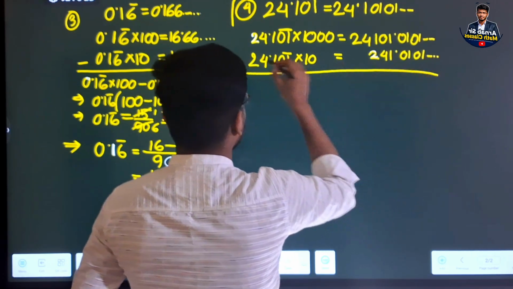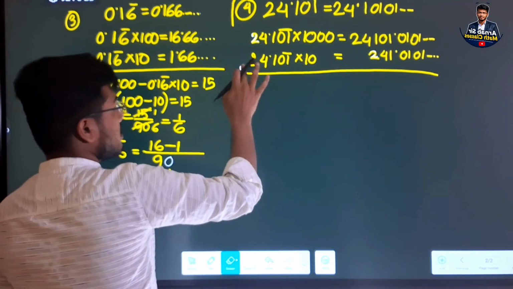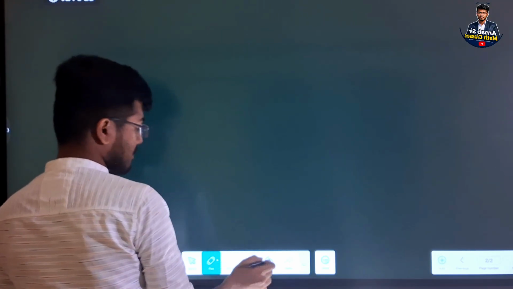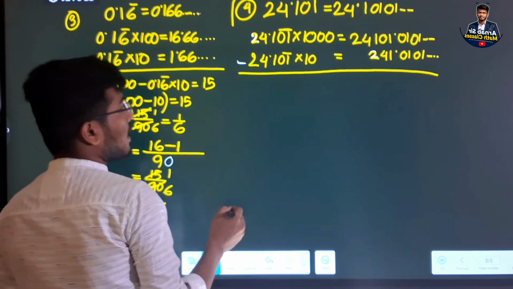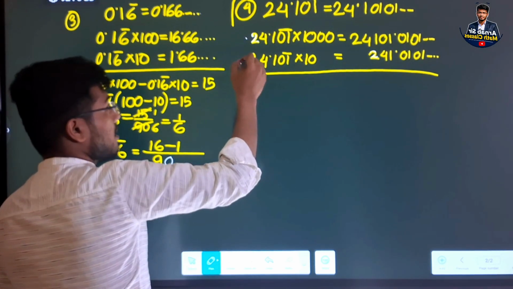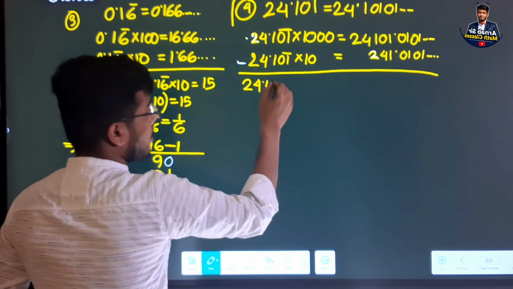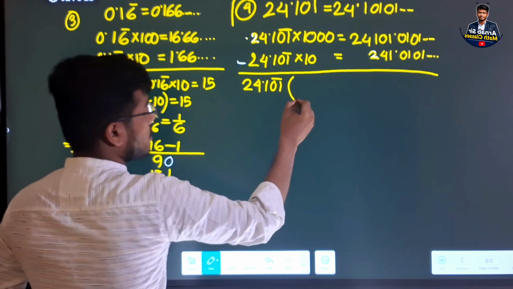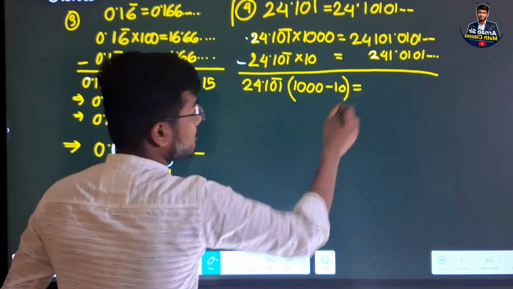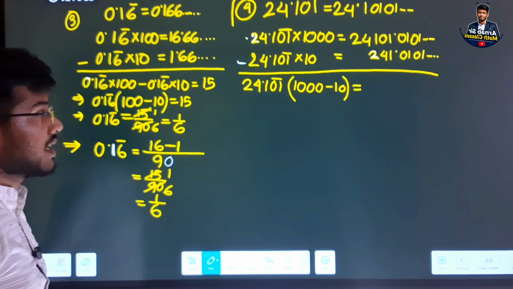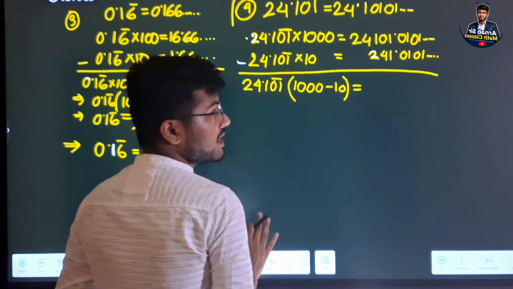If you subtract this number from this number, what happened? We have to write 24.101 recurring. So what is the answer? 1000 minus 10. If you subtract the number, obviously after the decimal point, all vanishes.